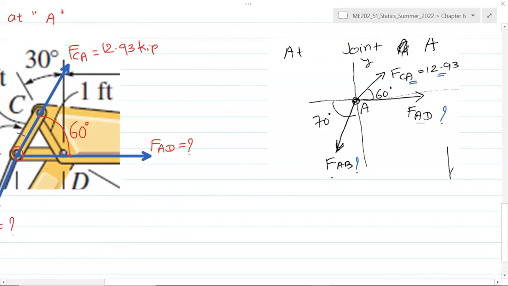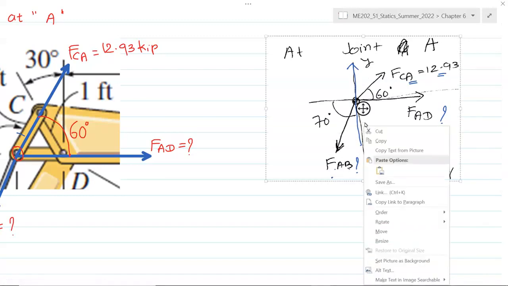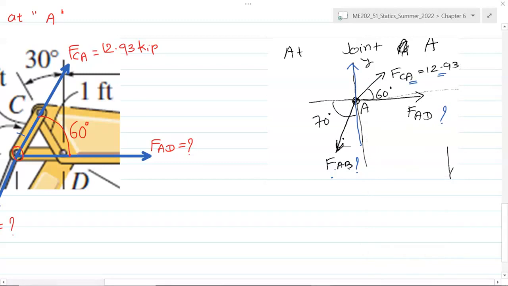To find FAB, we will sum the forces along y direction. Sum of forces along y direction will include FAB sine 70, which is negative, and FCA sine 60, which is positive. Because we know the value of FCA, we can calculate FAB from that.